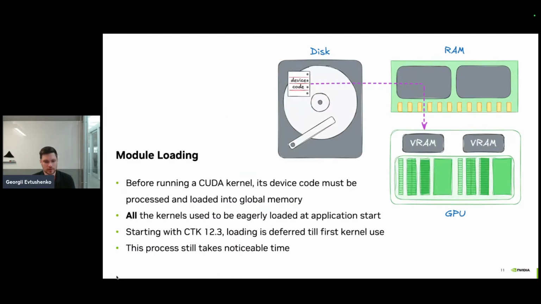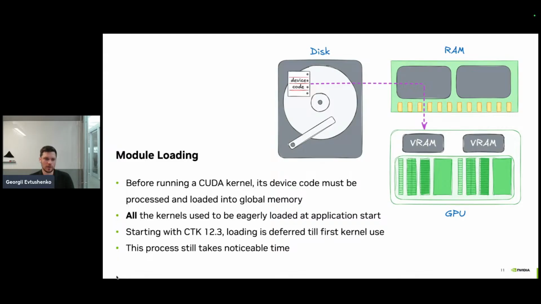To answer this question, we have to understand what has to happen for us to launch a kernel in the first place. Initially, we have device code somewhere on, let's say, a disk. We have to load the data into RAM, process it, and put it into global memory on the GPU before we call a kernel.